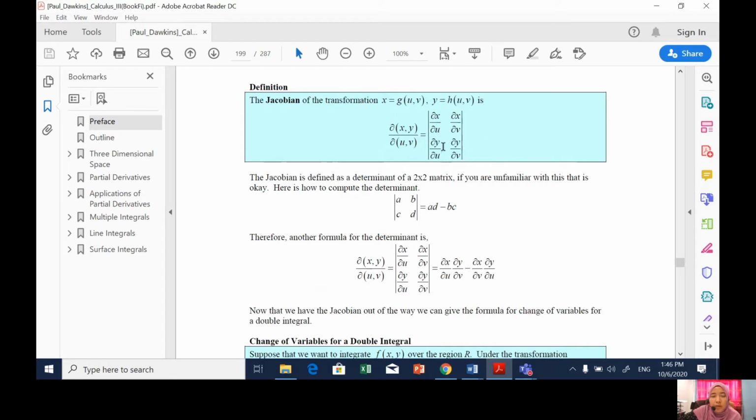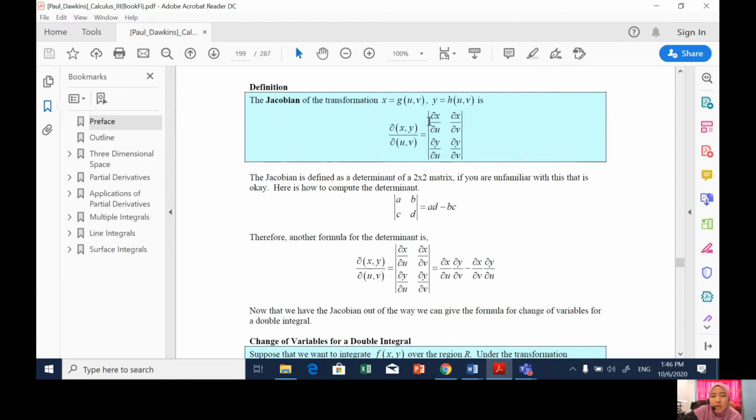Here we have the terms as partial derivatives. The first part is x differentiated with respect to u. Then another one, x differentiated with respect to v. And then y differentiated with respect to the first variable u. And the last part, y differentiated with respect to the second variable v.